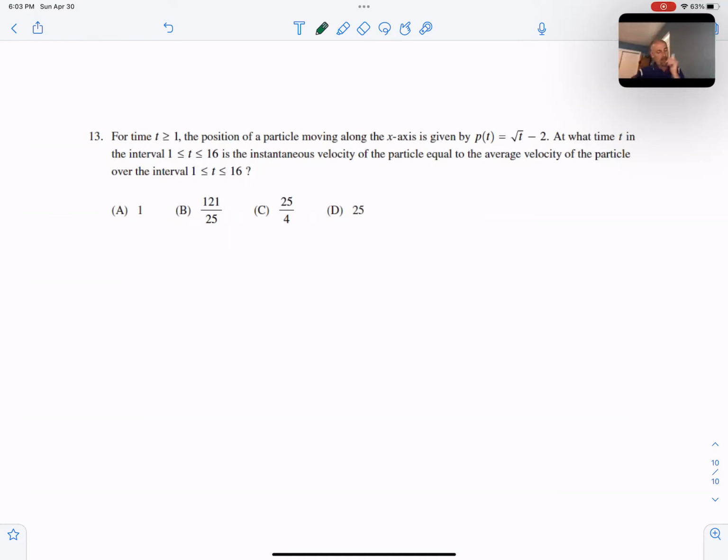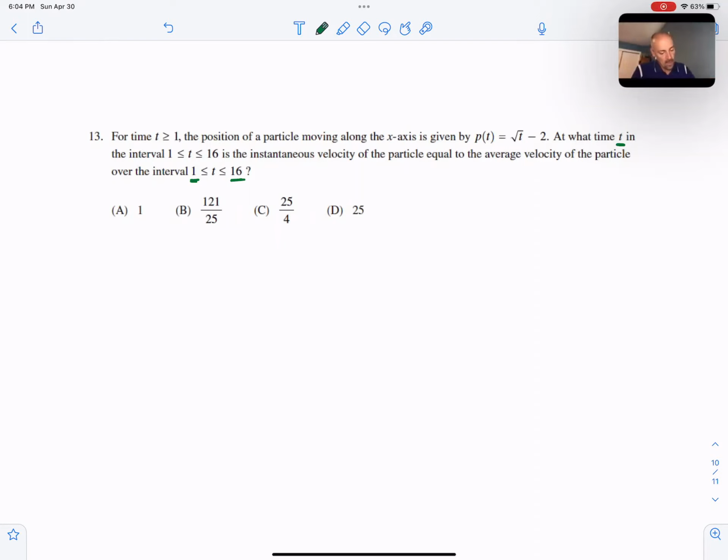Okay. Well, this one, we're basically asking, what's this time t in this interval from 1 to 16 where the instantaneous velocity of the particle is equal to the average velocity of the particle on the interval.